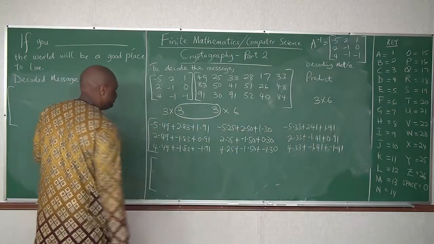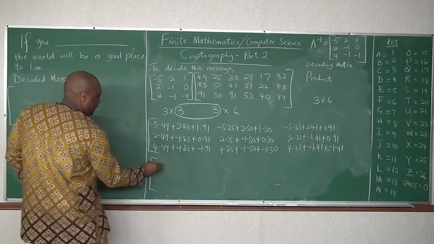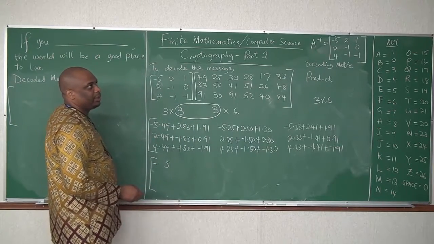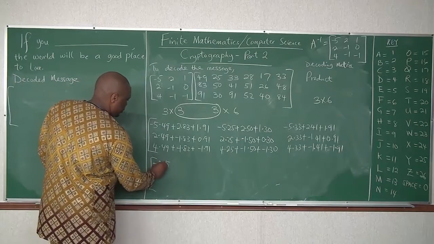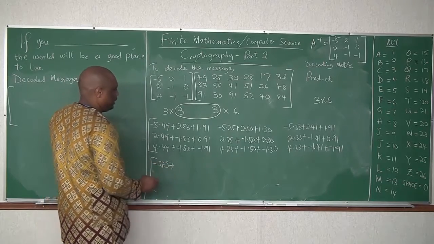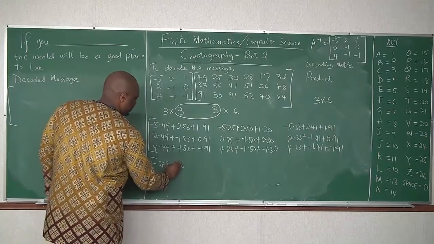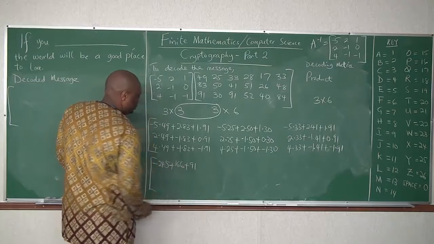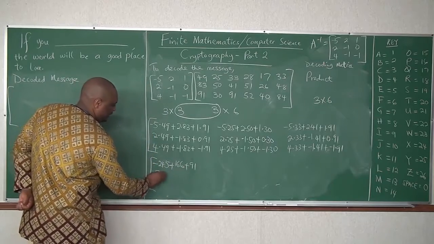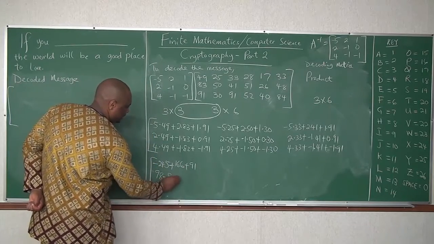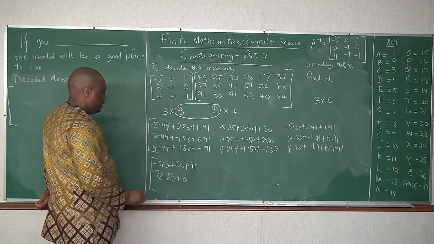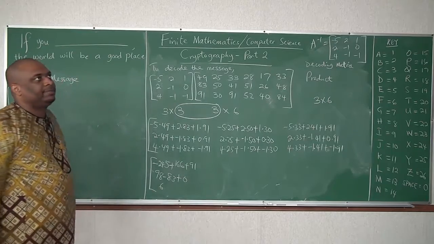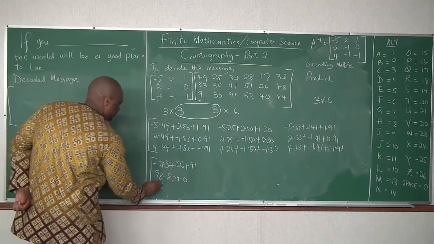So what we have here, negative 5 times 9 is 45, 5 carry 4, 5 times 4, 20 plus 4, 24. Then plus 2 times 3, 6, 2 times 8, 16. Plus 91. Then 2 times 49 is 98. Minus 83 plus 0. 4 times 9 is 36. 6 carry 3. 4 times 4, 16 plus 3, 19.